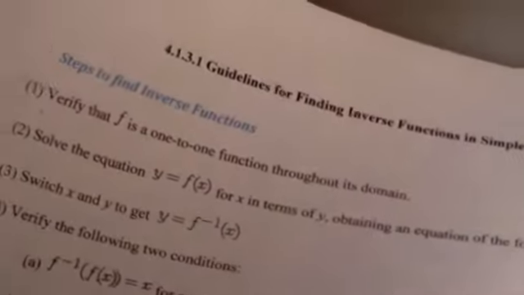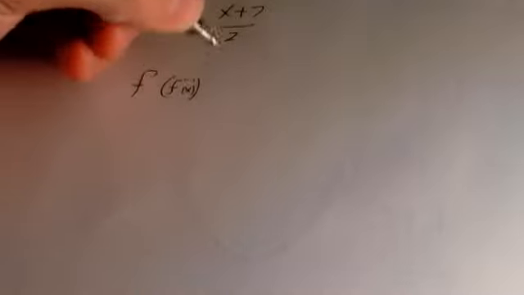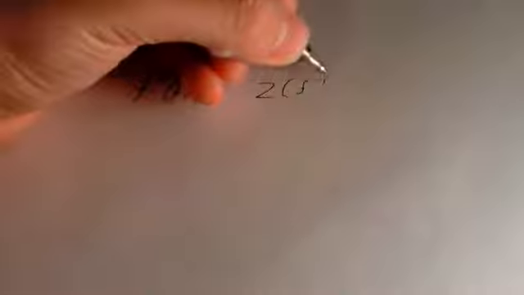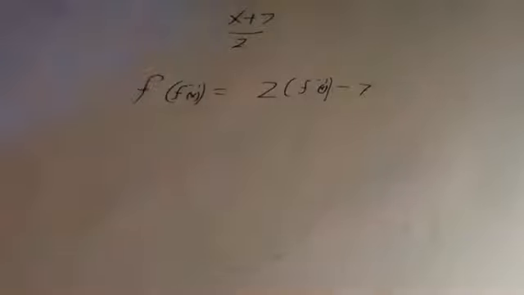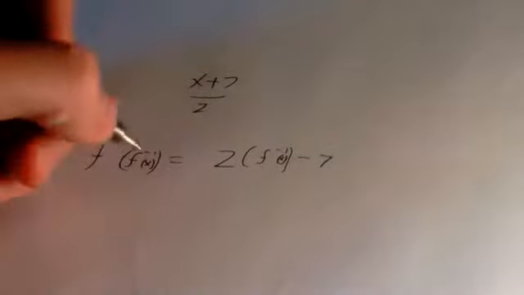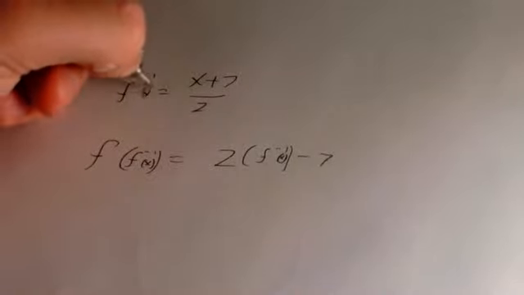Alright, first we're going to start with the inverse function and then plug it into the function. So the inverse function is x plus 7 over 2. We're going to plug that into the function. The function of the inverse function should be 2 times the inverse function minus 7. So the inverse function of x is this.